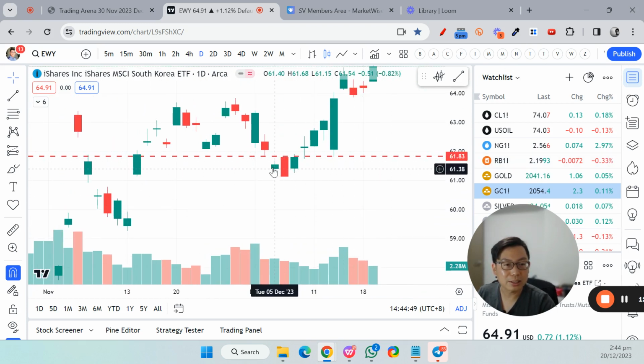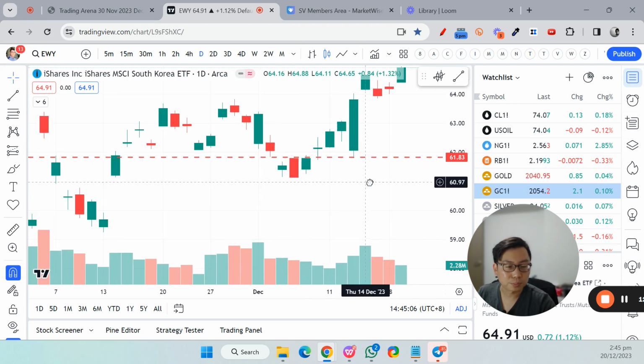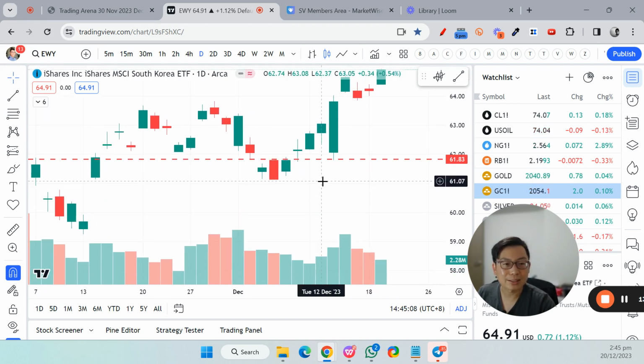On Tuesday, price closed below the prior day low over here. The prior day low becomes the wash line, 61.80. So we want to see if price can stay above or close above 61.83.